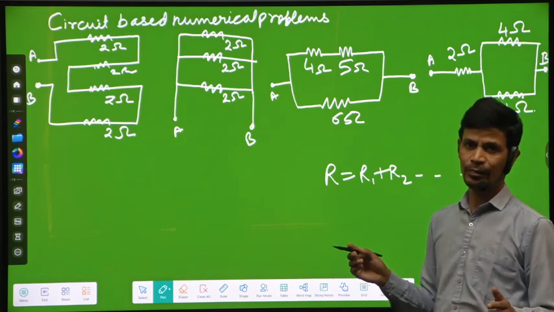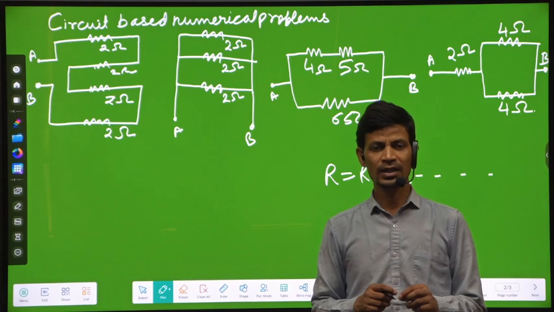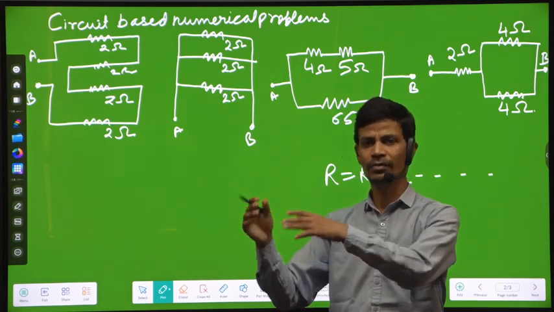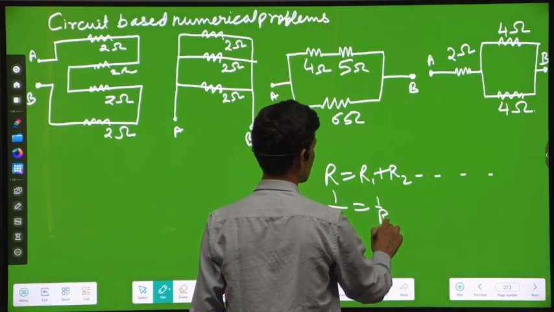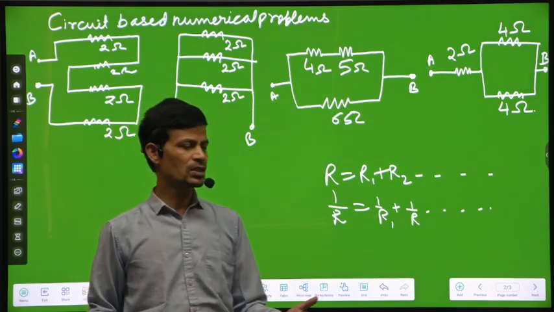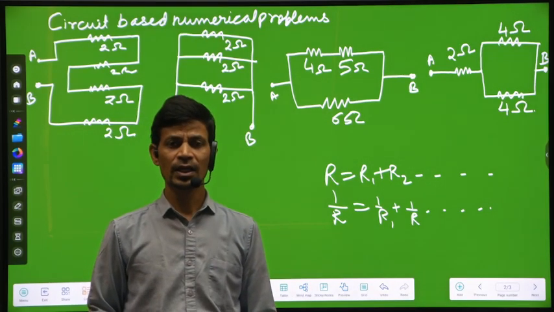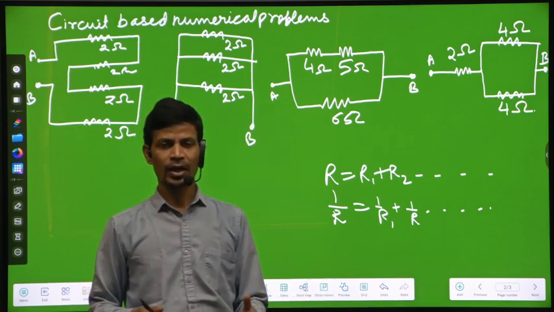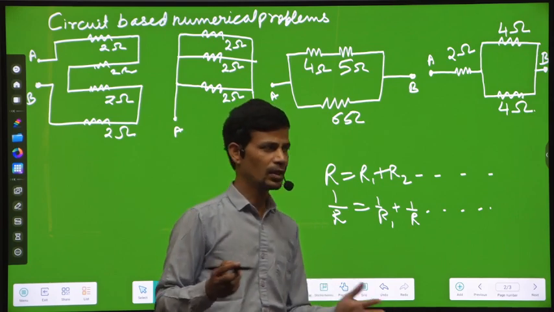And if they are in parallel connection, that is, they get divided from the same point and join at some other common point, then 1 by R equals 1 by R1 plus 1 by R2 and so on. If two or more resistors are connected in series, their resultant increases, and if they are connected in parallel, their resultant is reduced.